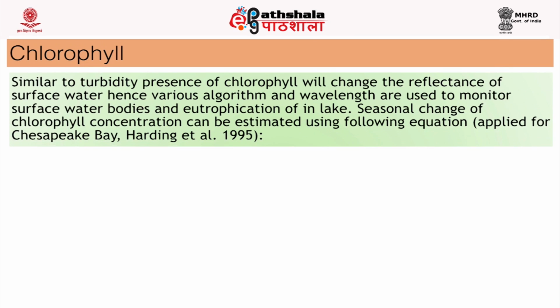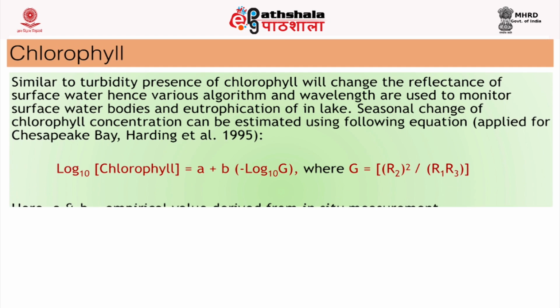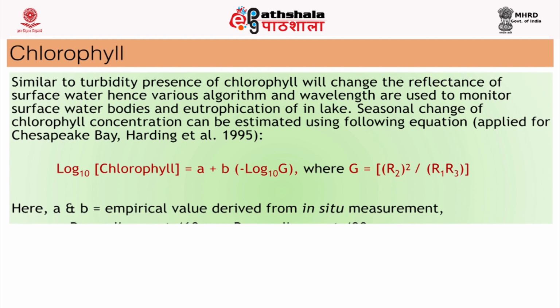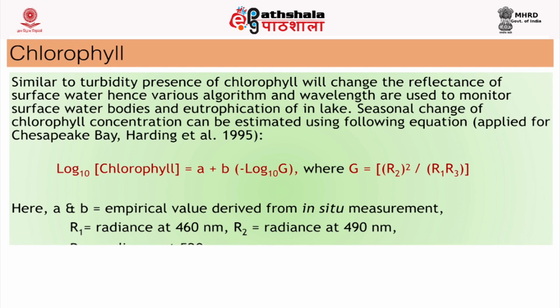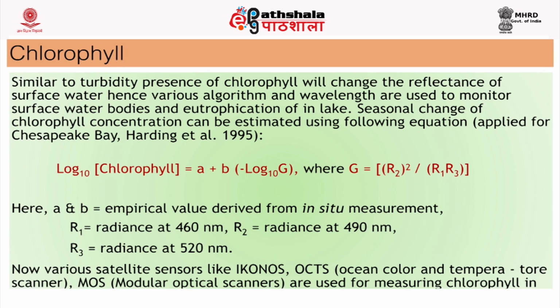Similar to turbidity, presence of chlorophyll will change the reflectance of surface water. Hence, various algorithms and wavelengths are used to monitor surface water bodies and eutrophication of lakes. Seasonal change of chlorophyll concentration can be estimated using the following equation. Here log base 10 chlorophyll can be estimated from a plus b and negative log base 10 of g.